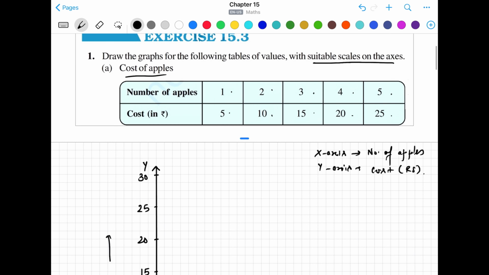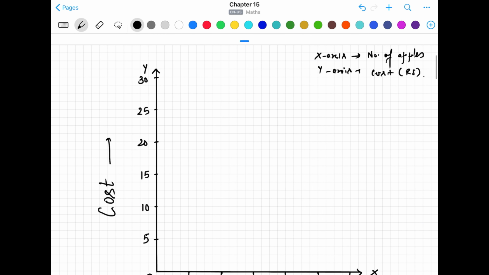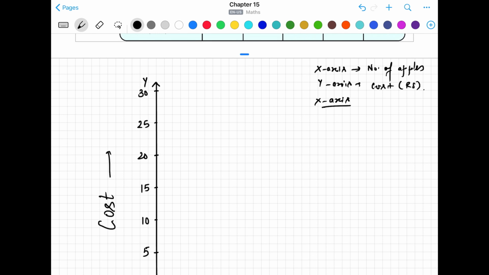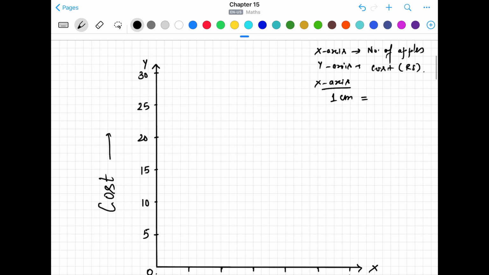Now you are asked to write a suitable scale. The scale that we have chosen is 1 centimeter equals 1 unit on the x-axis. My graph is slightly different, but on the x-axis you will choose 1 centimeter, or 1 box, equals 1 apple.